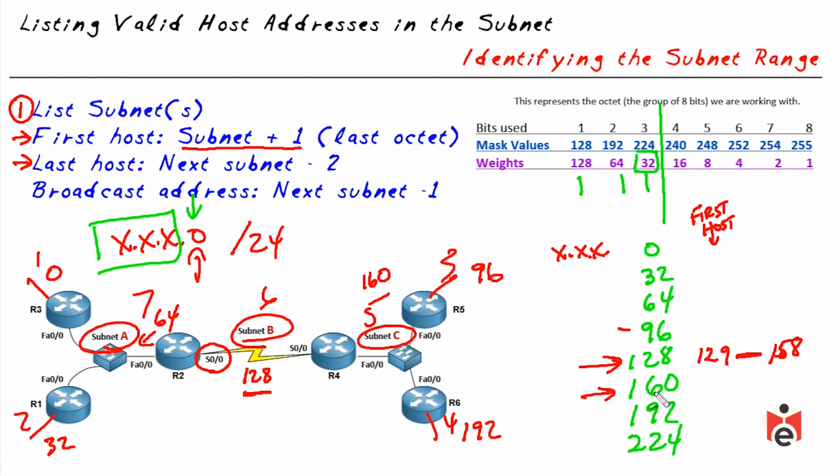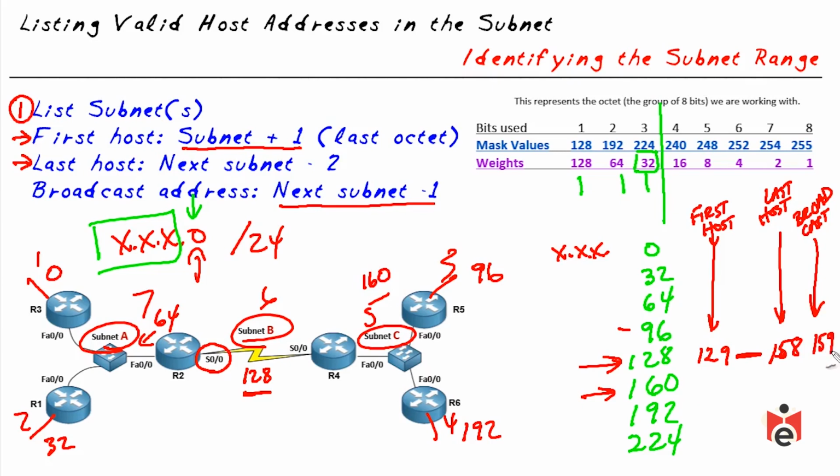And the reason for that is the next subnet minus 1 is the broadcast address for the previous subnet. So the first host is this column. The last host is right here. And the formula for that is the next subnet minus 2. And the broadcast address is going to be the next subnet minus 1, which is 159 in this case.